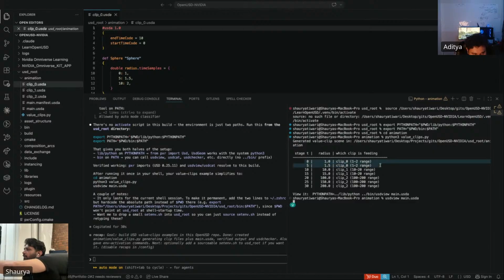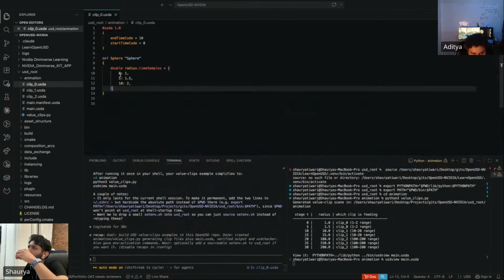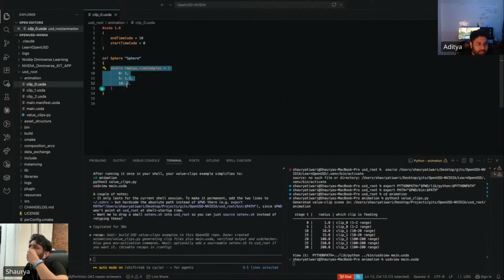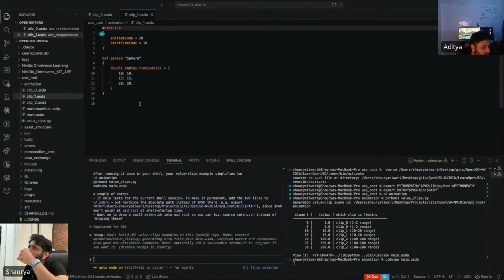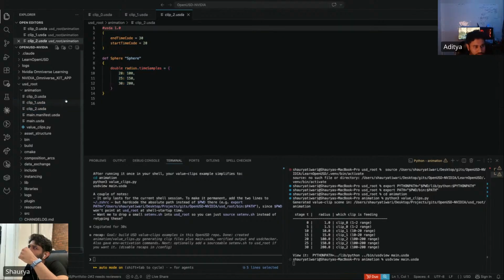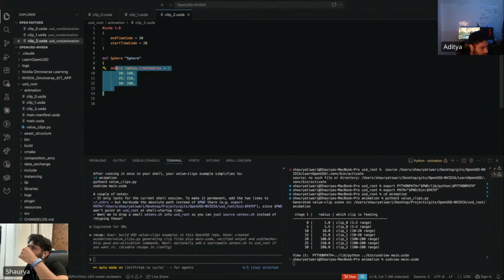It is getting the data from clip0.usda. So whatever radius is defined in this, it's getting from 0 to 5 from this. And then from clip 1, it is getting the radius from this. And then clip 2, it is getting the radius from this. Right.